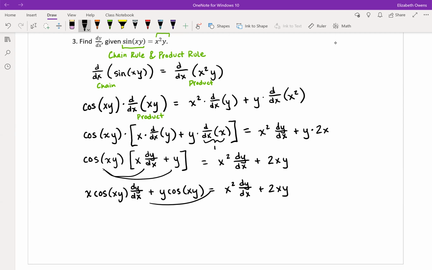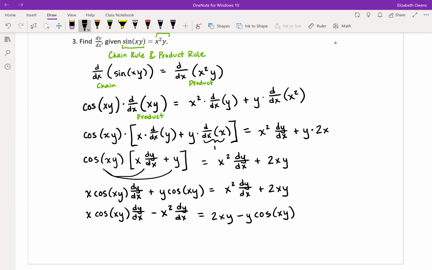When we do that, we'll have x cosine xy dy/dx minus x squared dy/dx, and then equals 2xy, and subtracting over here, minus y cosine xy.